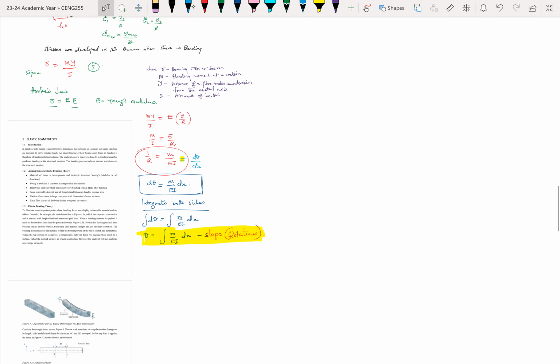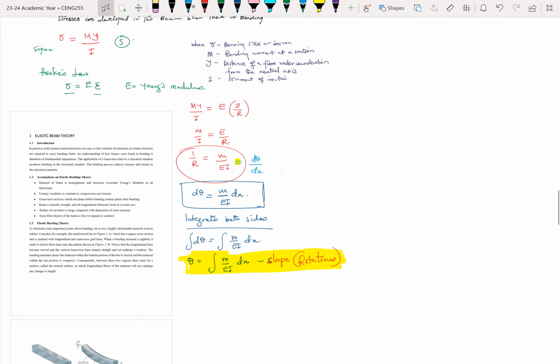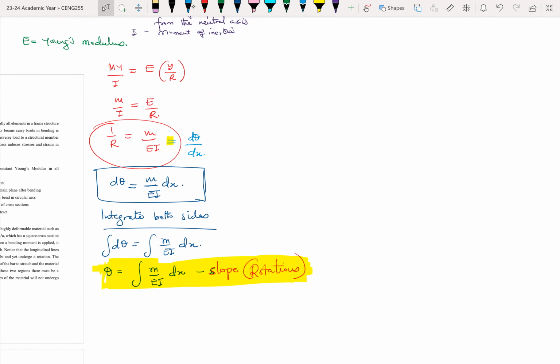So in its simple terms, let's say M is equal to EI dθ/dx. This is in its simple terms, but usually we don't write the equation in this manner.